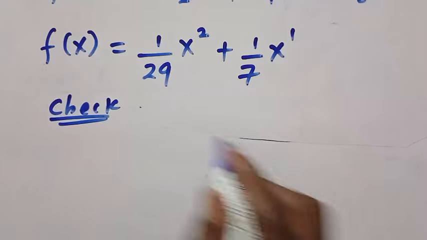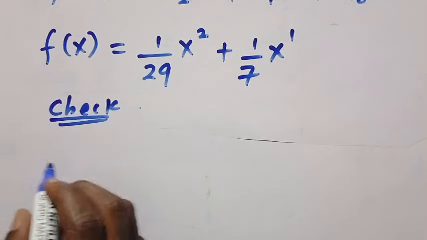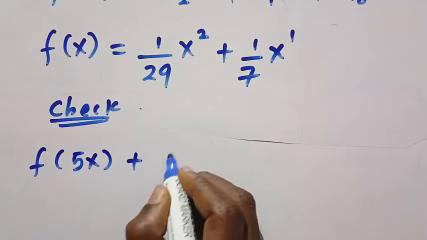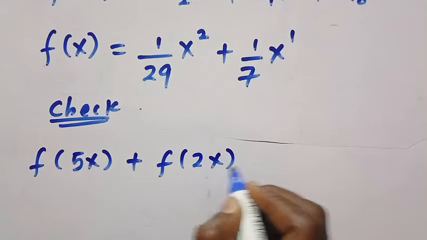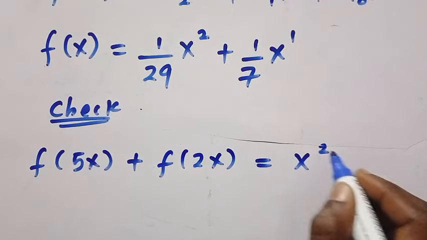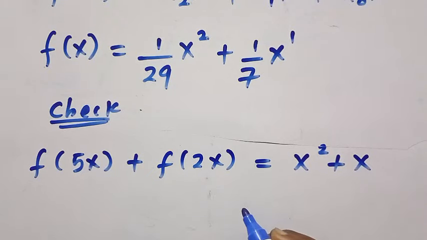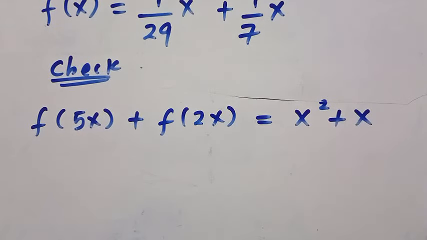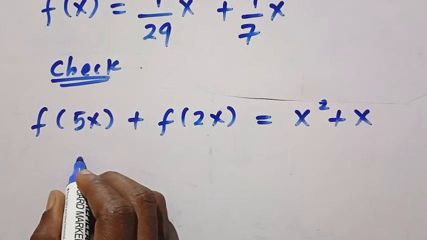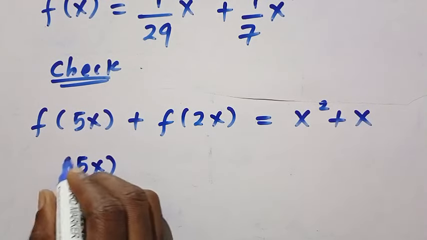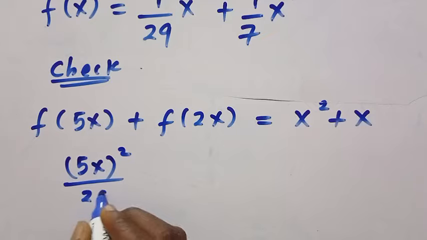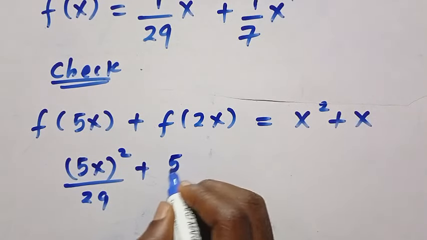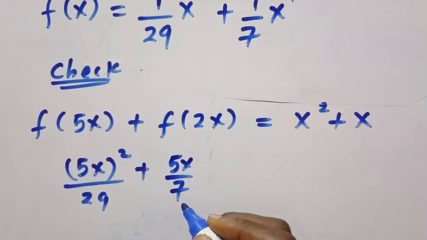We need to check, since what we are given is f of 5x plus f of 2x equals x squared plus x. Let's find f of 5x here. So here we have 5x raised to power of 2 divided by 29, plus 5x divided by 7.